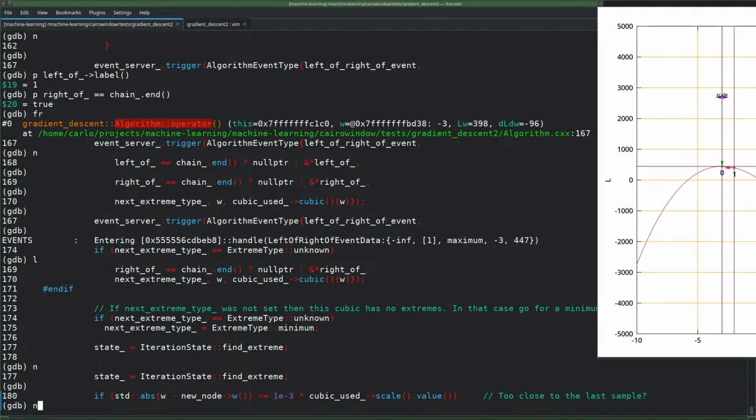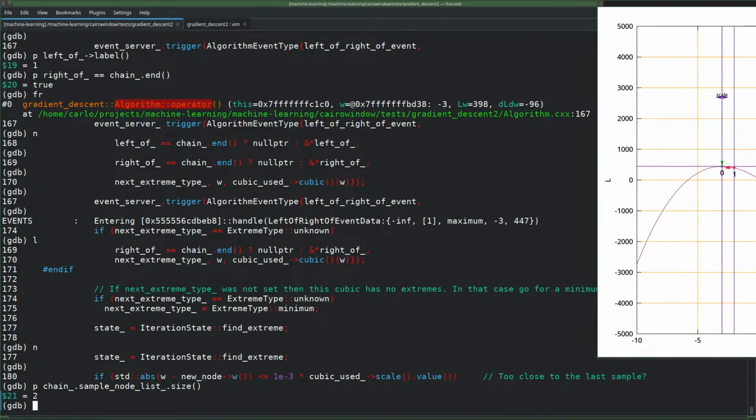We still have only a size of 2. We just changed W back to... Well, why am I comparing it with new node? Too close to the last sample. No.